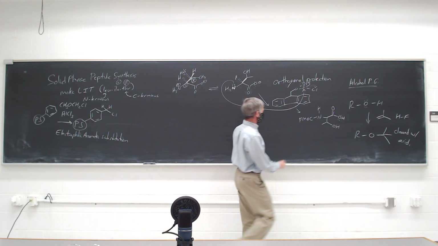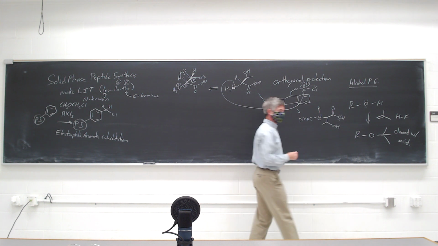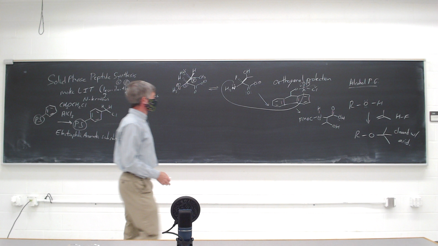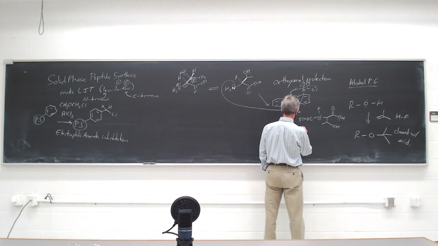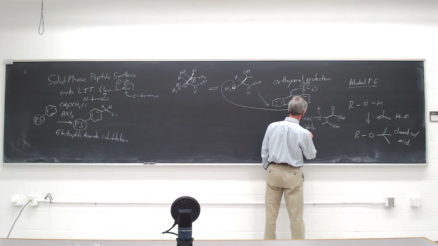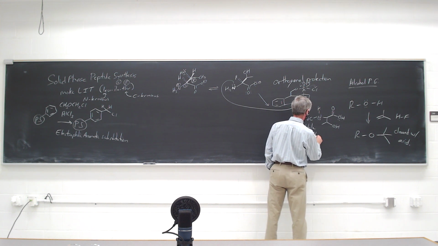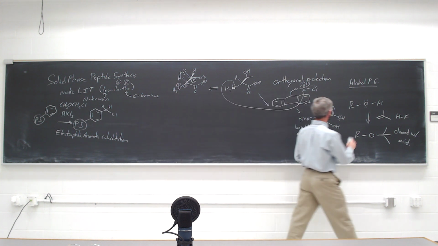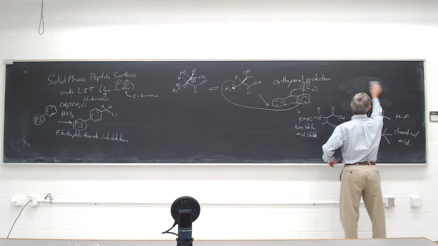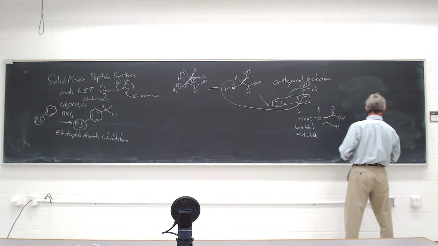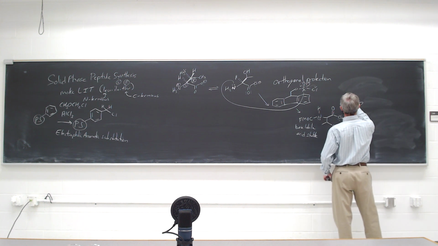It'll look like that, right? So we've protected the N-terminus with a group that's base labile, but acid stable. And now we can treat that alcohol with the isobutene and the HF.